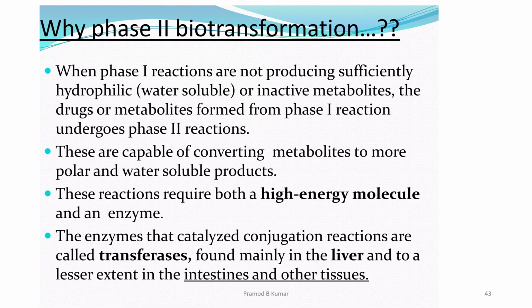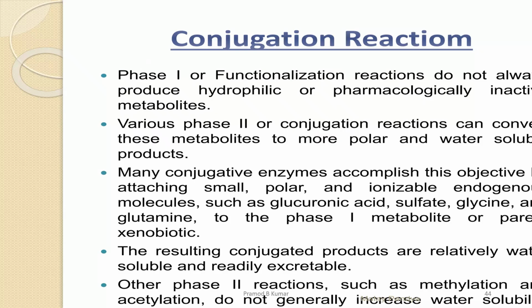So phase 2 mainly happens in your liver. As we know, phase 1 is the functionalization reaction and does not always produce a hydrophilic metabolite, so phase 2 or conjugation reactions convert these metabolites into a more polar, water soluble form.